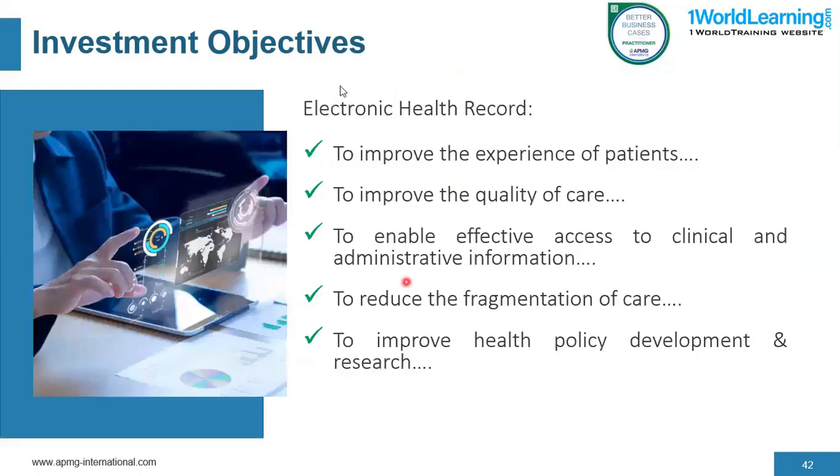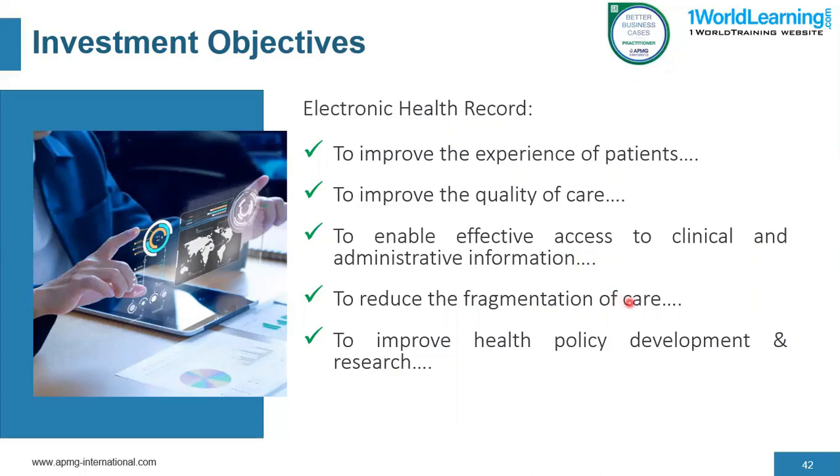So here we have an example of an electronic health record context. When we think about implementing a health record, we might want to improve the quality of care. That could be a driver. We want to enable effective access to clinical and administrative information. That could be another driver.